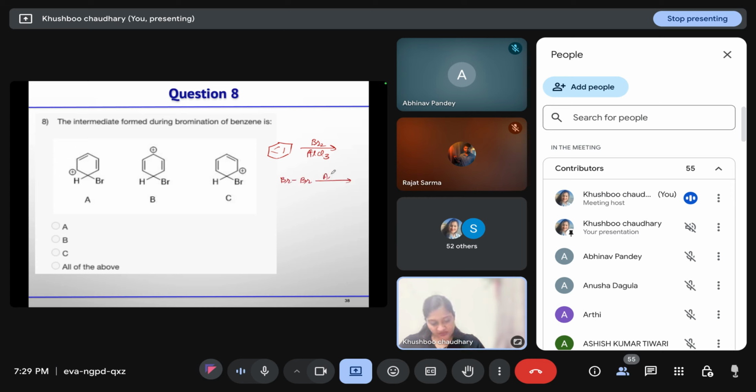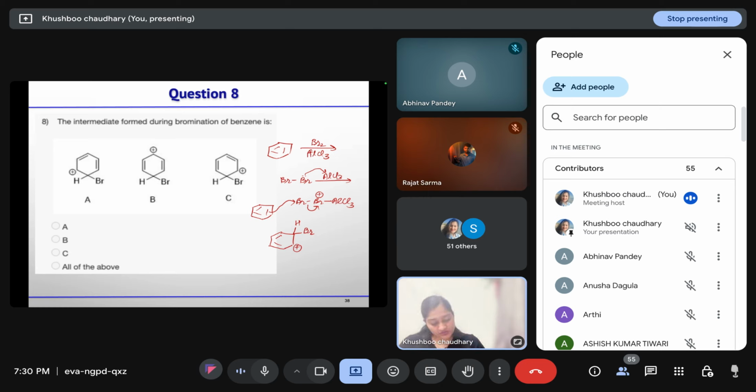So first bromine will react with AlCl3 to form that reactive species. Then benzene will attack on that bromine. So you will get this, and here positive charge. Correct?